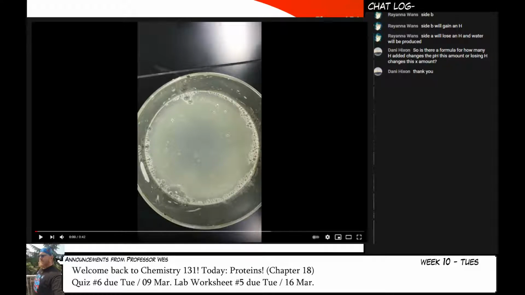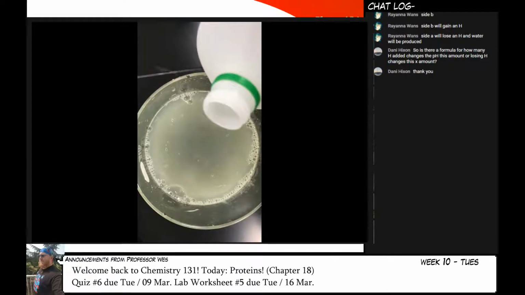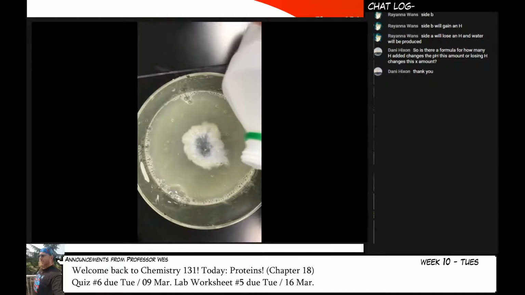So this is 6 molar HCl being poured into a solution of egg white. So the egg white's already in there. We're going to dunk the HCl in there. Here we go. And what you can see when this happens is that it instantly cooks, quote unquote, the egg.